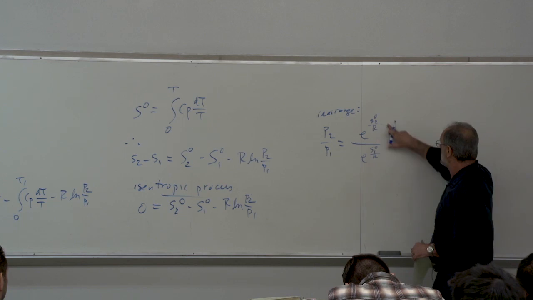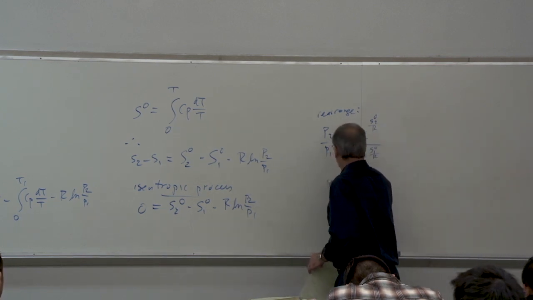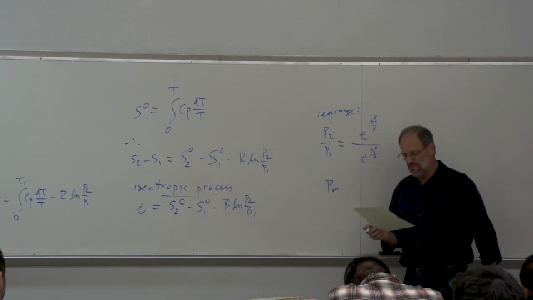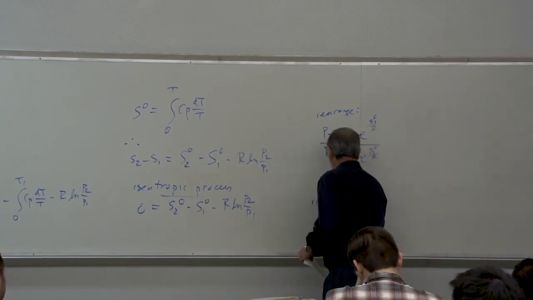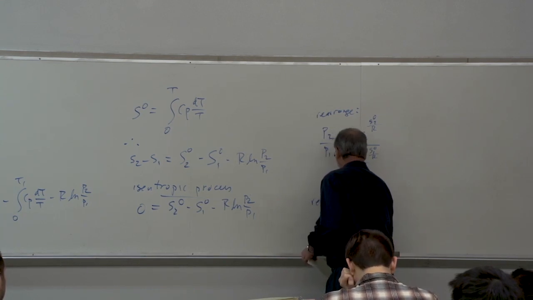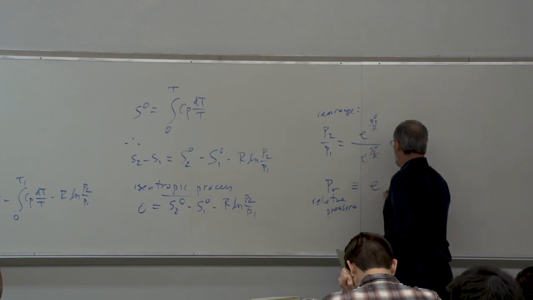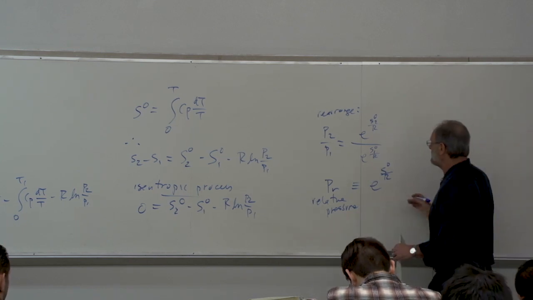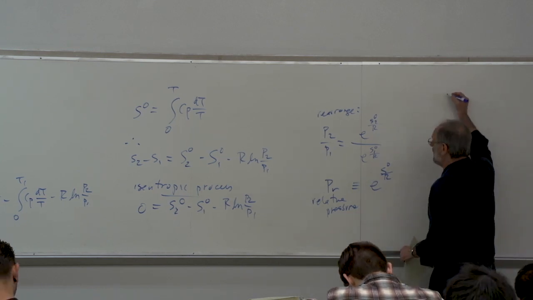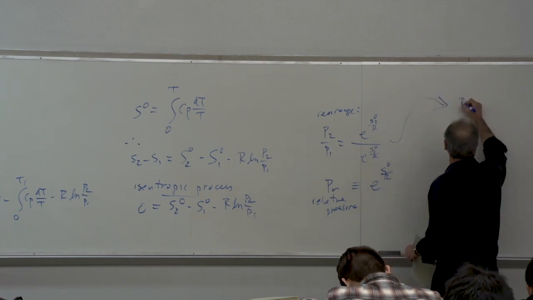Now, let's note that these two terms here have their own name. And we give it the term P sub R. This is called relative pressure. And the relative pressure is simply defined as e to the entropy function over R. So with this in mind, we therefore can plug everything into the equation above.